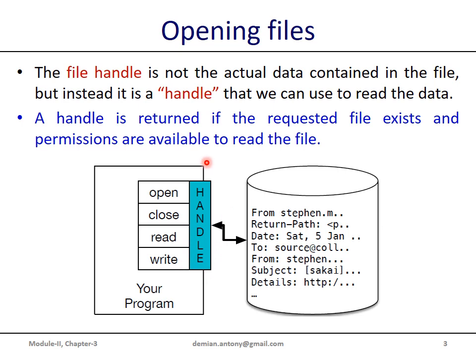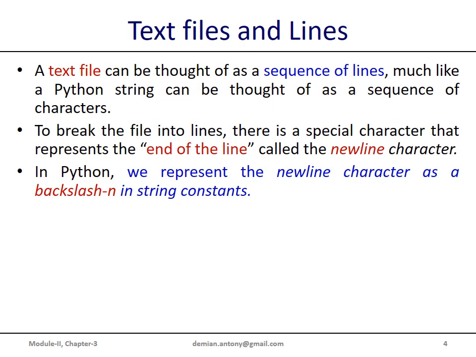So we have a handle which has got a space for the file that is present in the secondary memory, and all these operations, open, close, read, write, need a file handle in order to execute these operations.